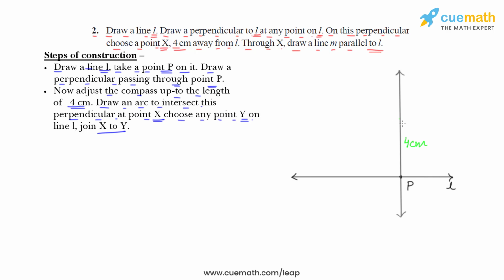So we adjust the compass length to 4 centimeters and draw an arc like this at a distance of 4 centimeters, and this point is X.